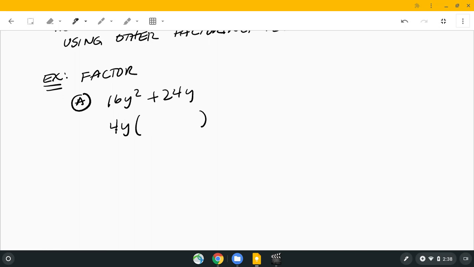So you have to ask yourself, 4y, this is your common factor, 4y times what will give you that? And that would be 4y. 4y times 4y will give you the 16y squared. And then you ask yourself, what should go here to get 24y? 4y times what will give us 24y? And that would be 6.